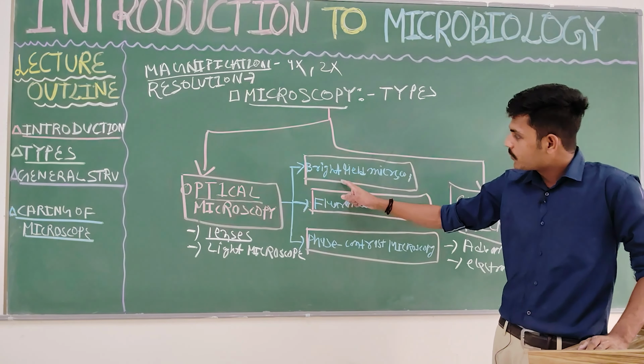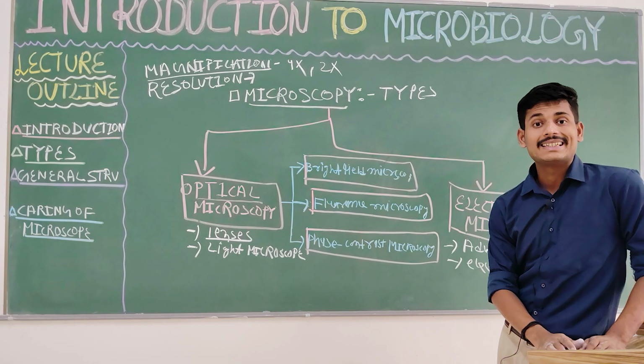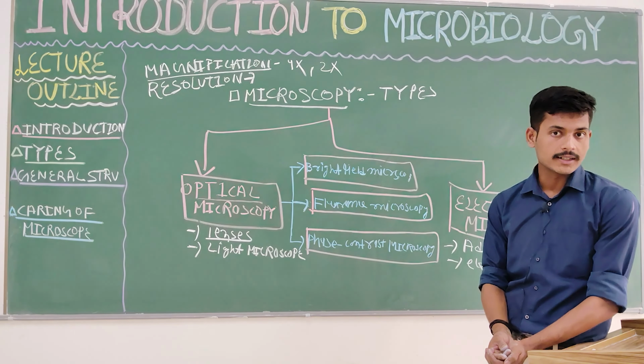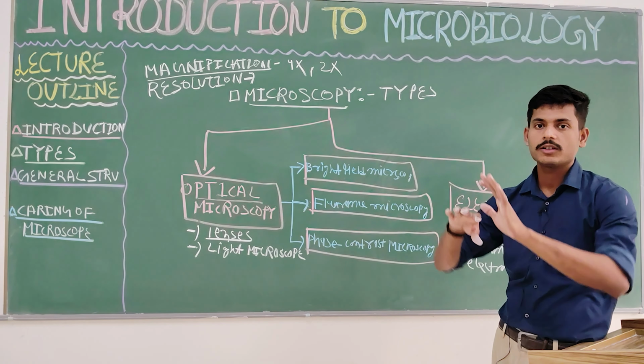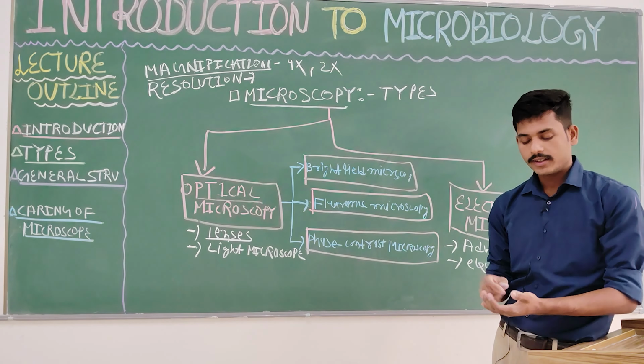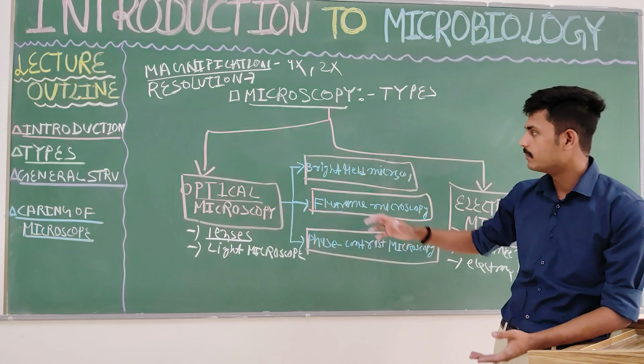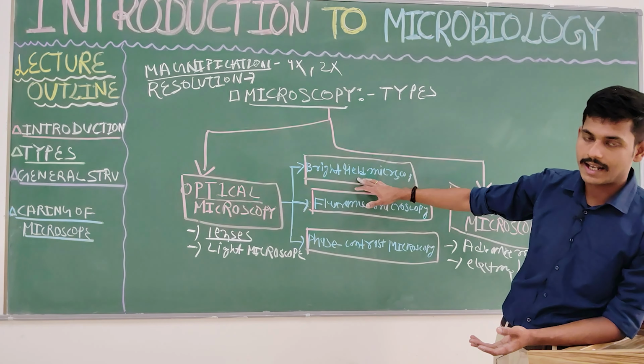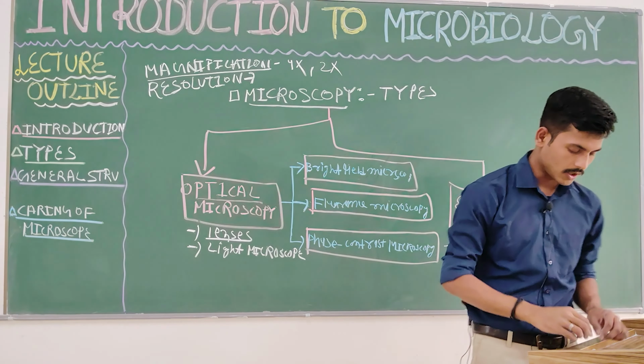The bright field microscope is frequently used to study the blood and the tissue structure. We utilize the bright field microscopy in the lab for studying tissue structure and blood. So you should write it down.